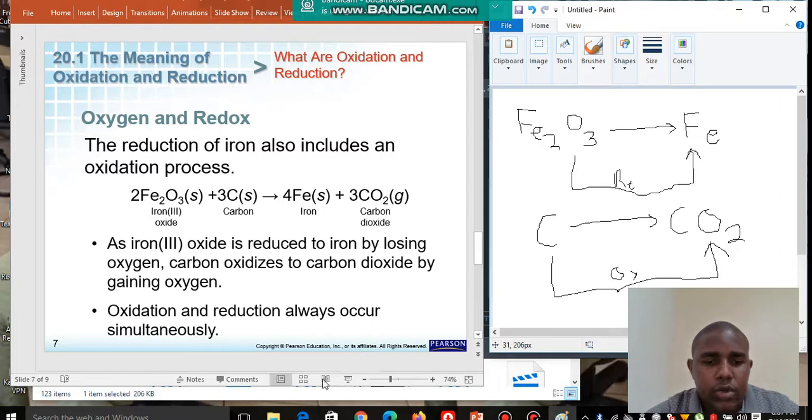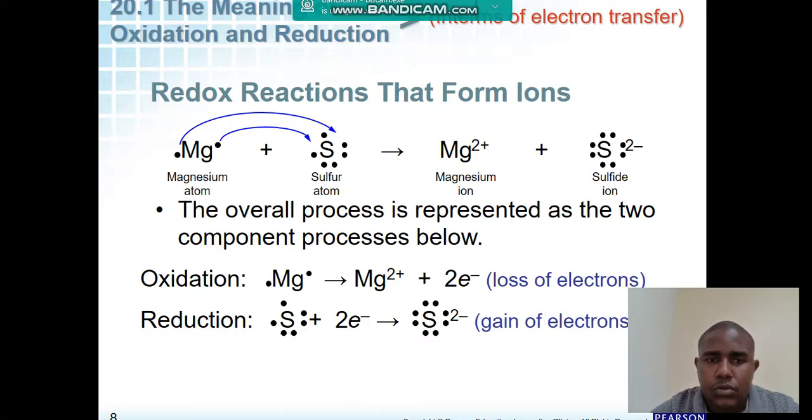Now let's check the other example. Okay, so we saw that oxidation can be defined as the addition of oxygen to a substance, and reduction is the removal of oxygen from a substance.